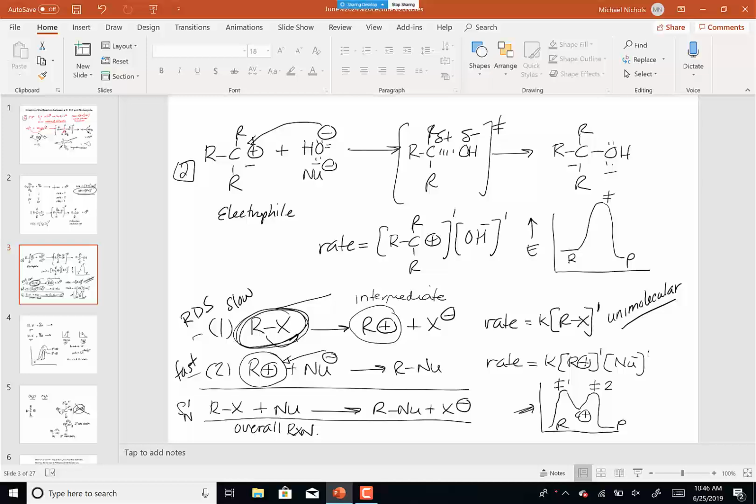Because the formation of the carbocation is the rate determining step. So because the formation of the carbocation is the rate determining step, forming the more stable carbocation, since it's formed faster, will make that reaction occur faster.